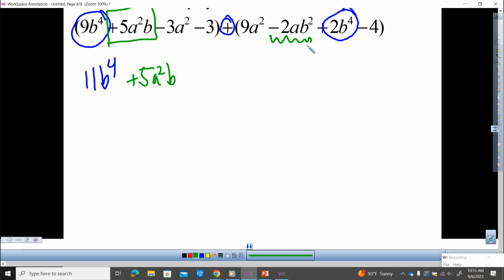Exactly the same variables with exponents. Do we have a squared on this one? No. The b is squared. So from there, I'm going to go next. I'm going to go with this one. Is there another a b squared? No, so I bring that one down. So we're done with that, that, and that. Continue. Brandon, go.